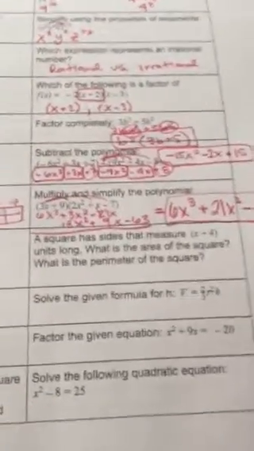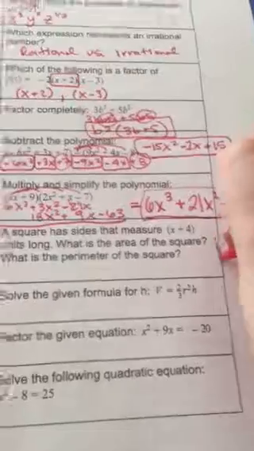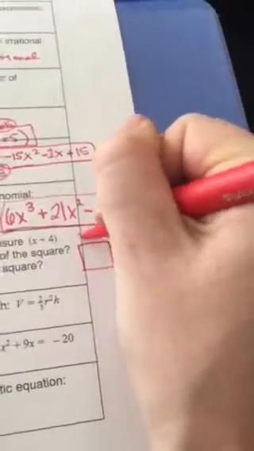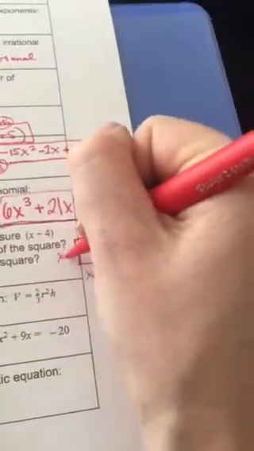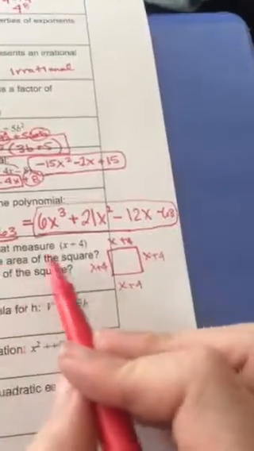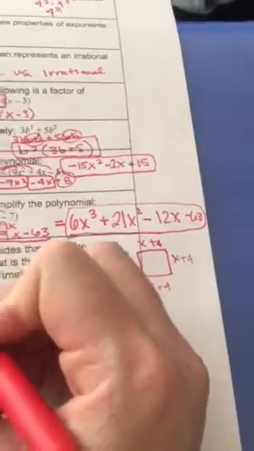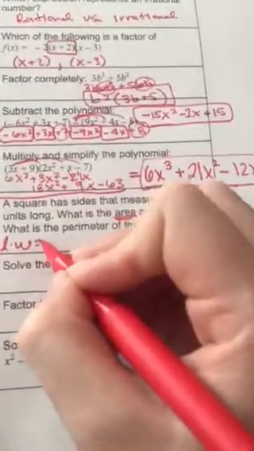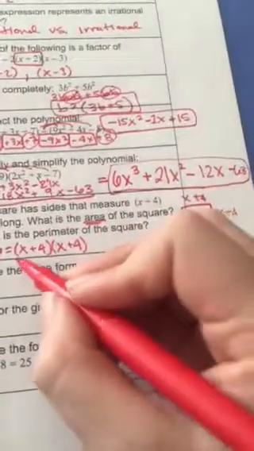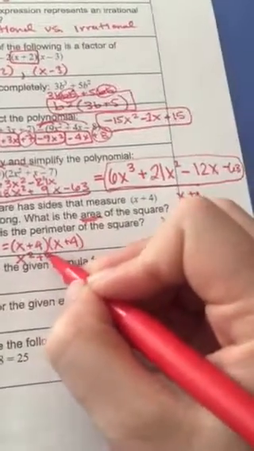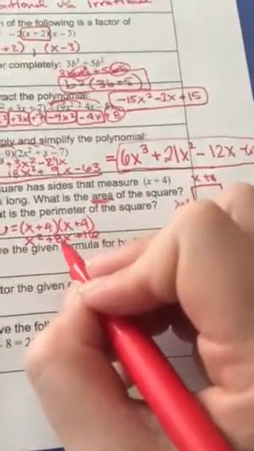Okay, next one. A square has sides that measure x plus 4. I'm going to draw that really quick just so we have a visual. x plus 4, x plus 4, x plus 4 on all sides because it's a square. What is the area? To find the area, I do length times width, which is x plus 4 times x plus 4, which would equal x squared plus 8x plus 16 when you distribute it out or use box.